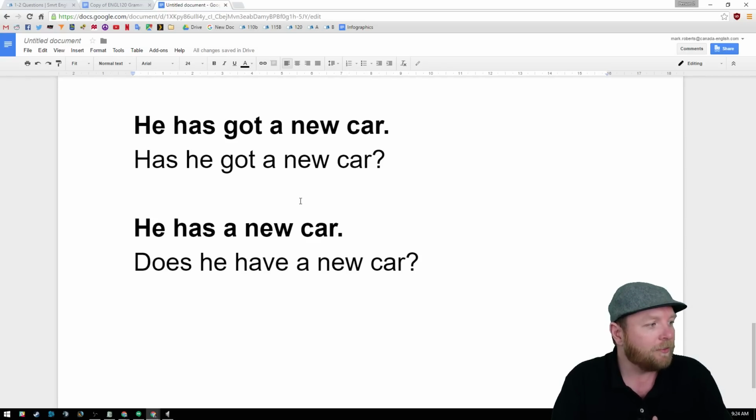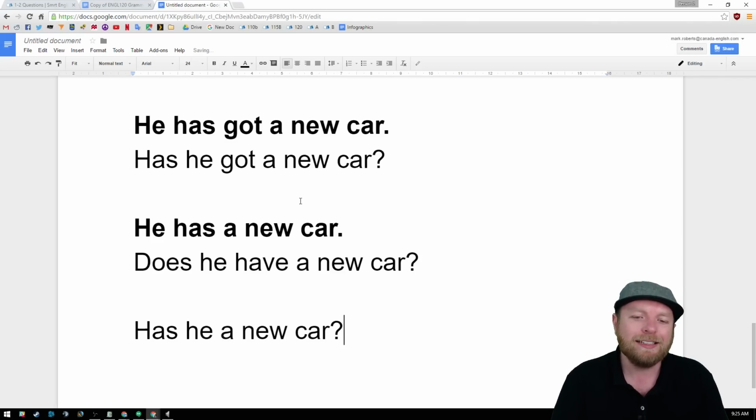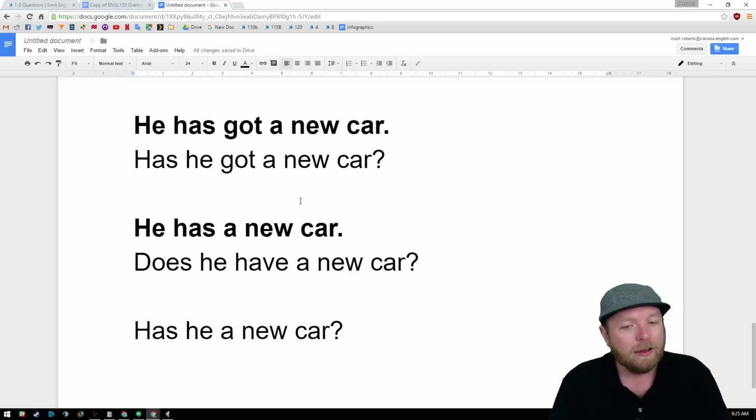Okay. Yes, does he have a new car? Here we use does he have. So we always teach, Ilona, has he a new car? Has he a new car, we never say this in Canada, we never say this in USA. I think people may say this in England or Ireland, Alejandra, but really it's not normal.